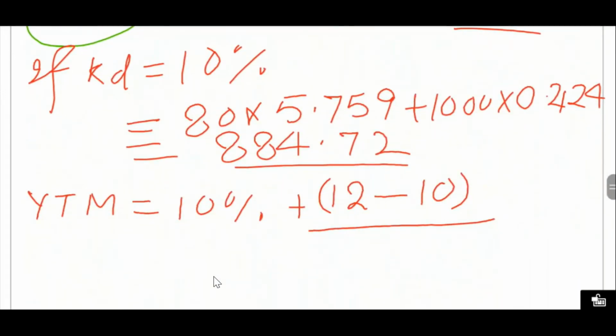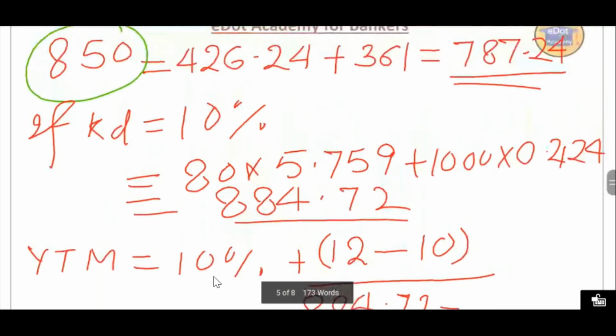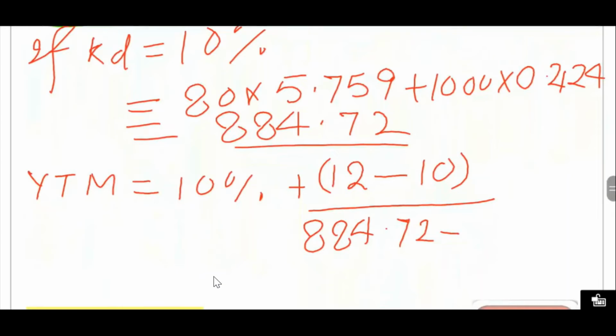Because 10% gives the larger value, I write it first so as not to get a negative: 884.72 minus 787.24. But what is the difference?